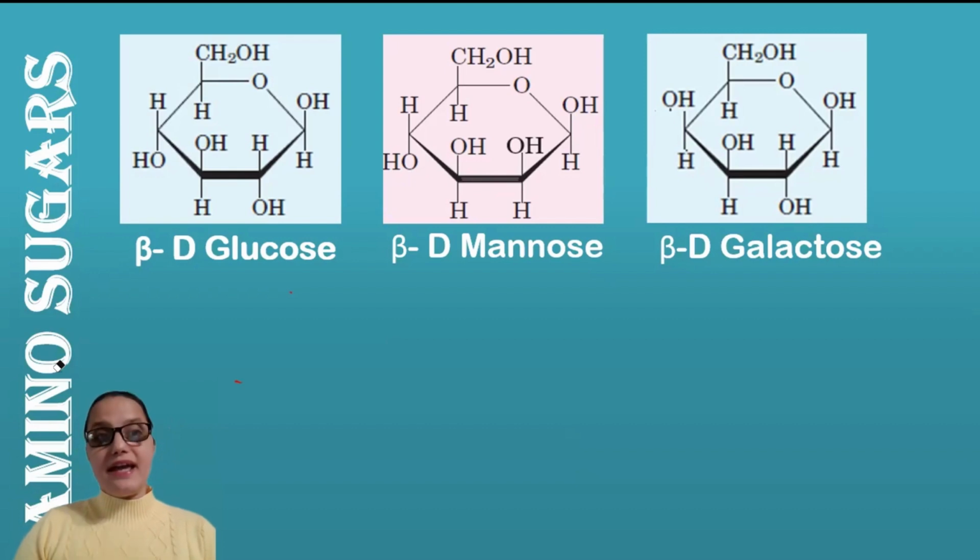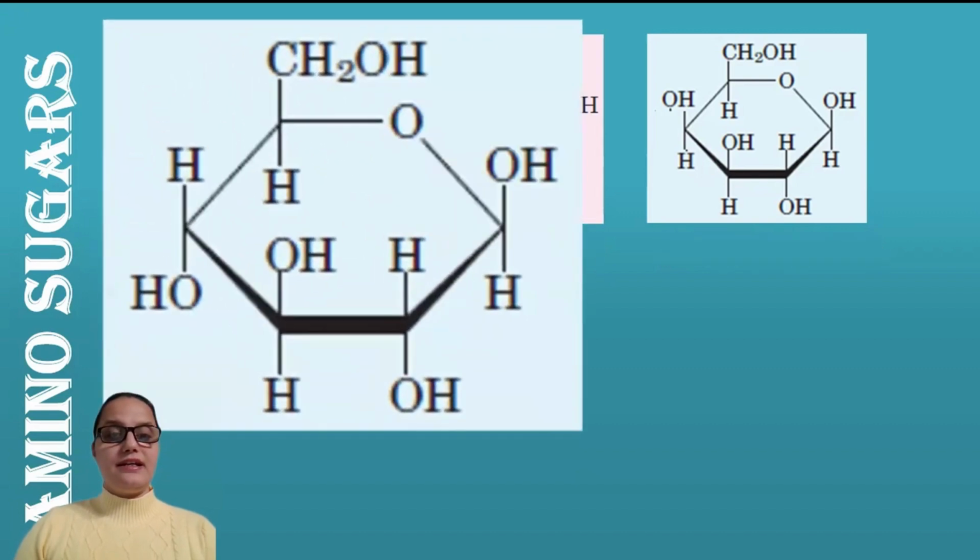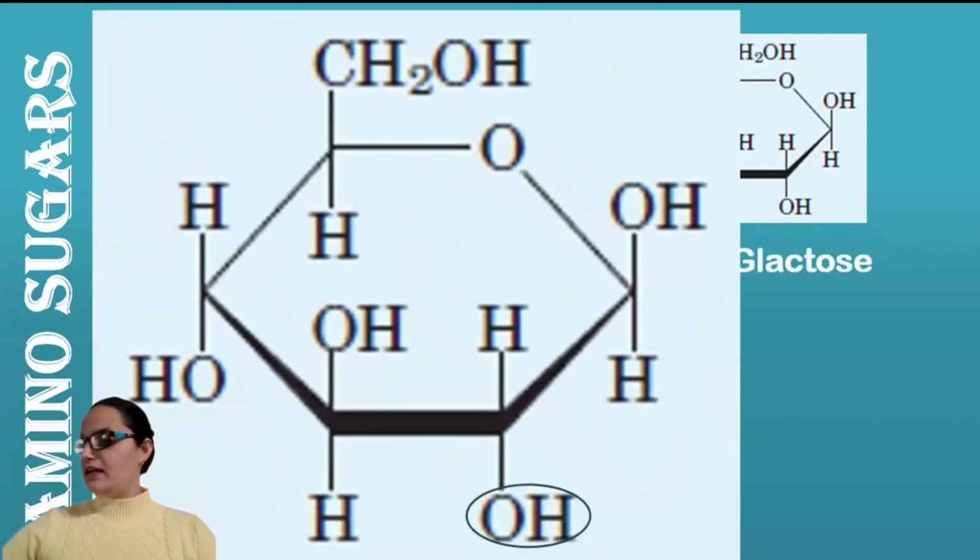Now, whenever a carbon gets associated with any group apart from another carbon, H or OH, then derivatives are formed, right? So let's see how. This is the glucose molecule, and this is the hydroxyl group attached to carbon number 2, right?